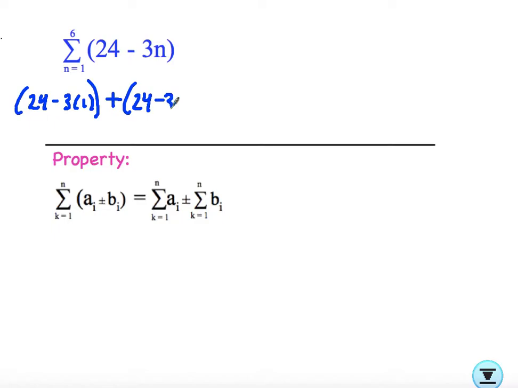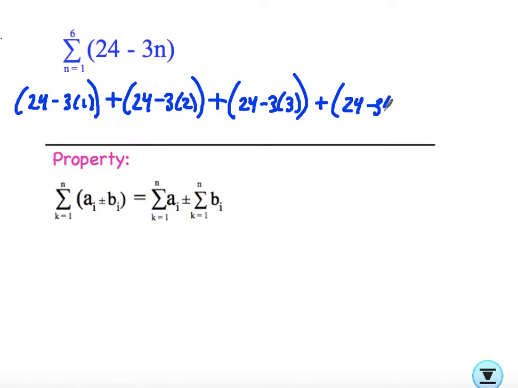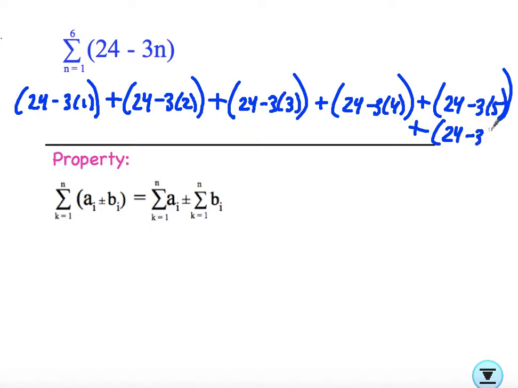So 24 minus 3 times 2 plus, then I would have to plug in a 3. 24 minus 3 times 3 plus 24 minus 3 times 4 plus 24 minus 3 times 5 plus, and I'm going up to 6. So here's my last term, 24 minus 3 times 6. Okay, that's not terrible. It's only 6 terms, but if this was like 100 terms, I definitely would not want to do it this way.